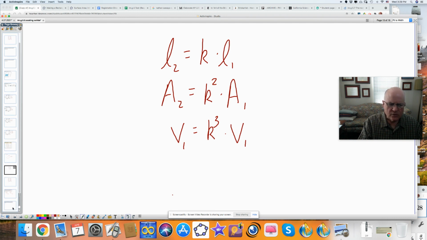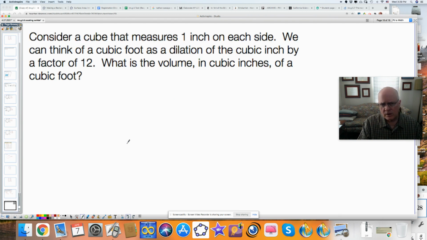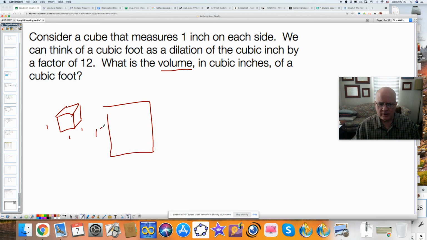And for the cool down, consider a cube. It's 1 inch on the side, and each one of these sides is 1 inch. We want to know the volume in cubic inches when you scale this 1 by 1 by 1 to make it a 12 by 12 by 12.